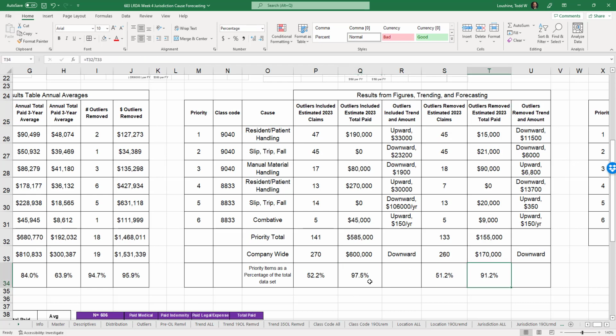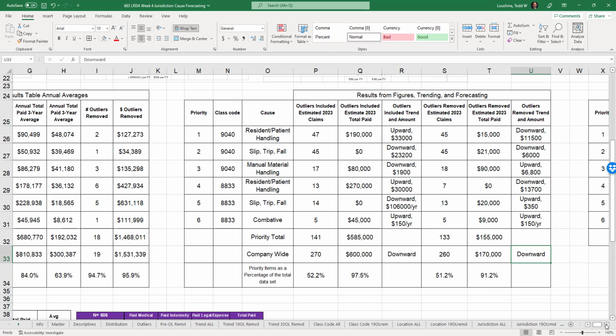It's very similar, and we do know that company-wide did trend downward, but the number of claims themselves did trend upward. So we do know that. I didn't put that in there because it was pretty much always up. It was hard to get away from that, but still great representation here. We can compare it to that one.